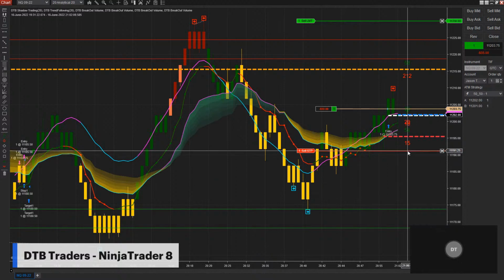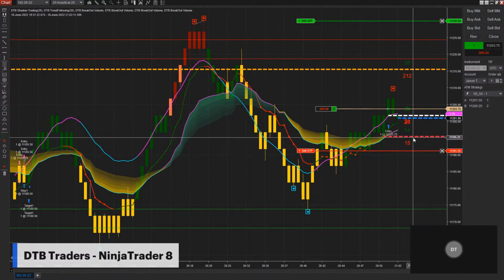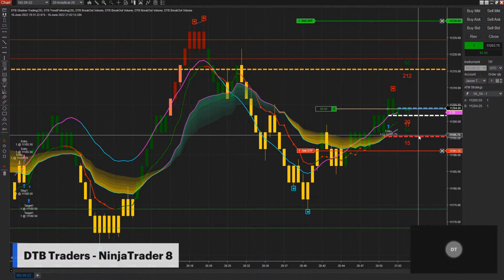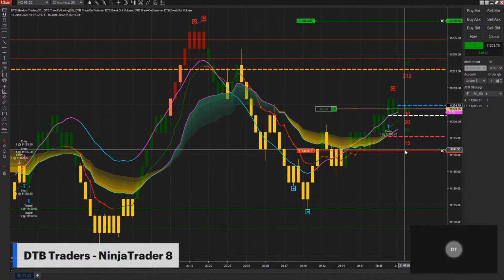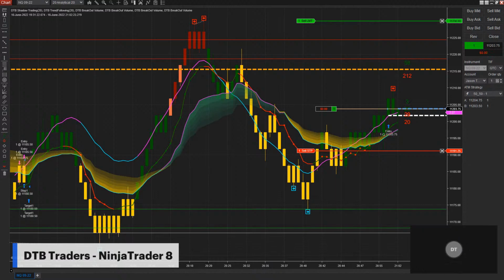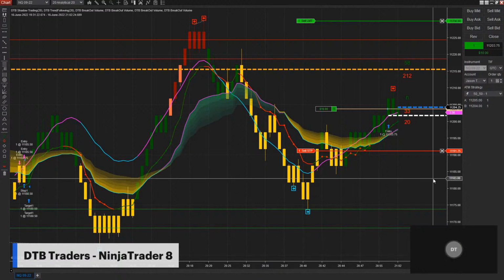So I'm still going to keep my stop just the other side of this crimson marker, because if the bar closes below this, then I know that this price is going to come down, or that is at least the next area.